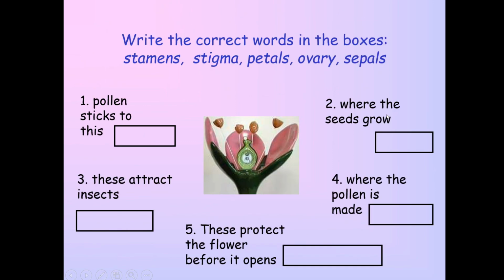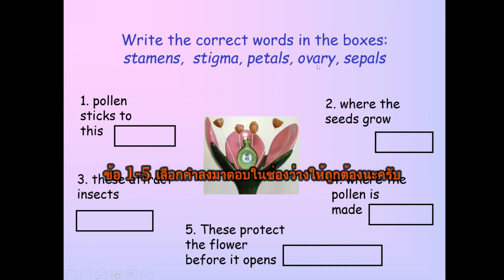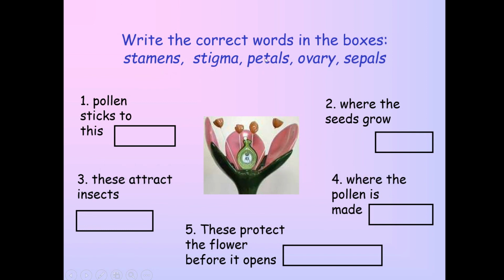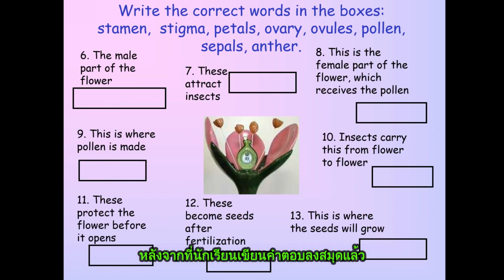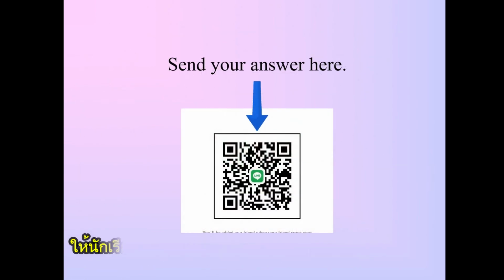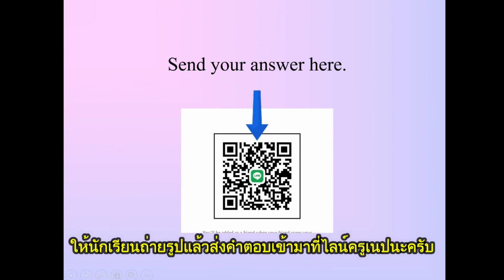For 1, 2, 3, 4, 5, you can choose from stamen, stigma, and so on, whichever word is correct to be written in the box. You have to write the correct words that are the possible answer in each question. And after you write, you have to send your answer to my line here.